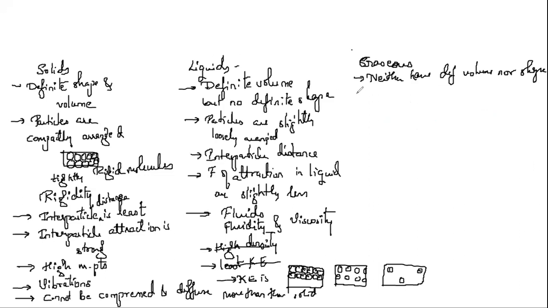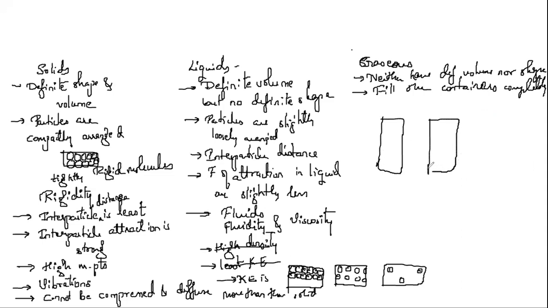Then gases fill the containers completely. Now, what does this mean? This point doesn't come for liquids, it comes for gases. Suppose I've taken two boxes. In both the cases, I'll take 10 ml of liquid here, and 10 ml of gas here.